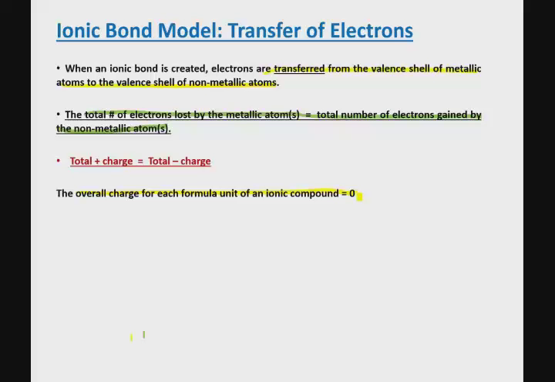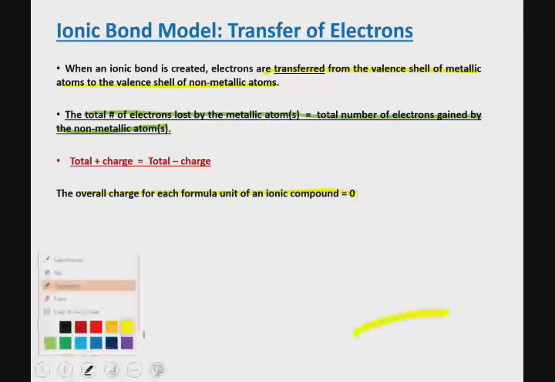Just like an atom is charge neutral overall because the total number of protons equals the total number of electrons, in other words, the total positive equals the total negative, exactly the same way in this case, the entire formula unit of an ionic compound will be charge neutral overall because the total positive charge from the cation or cations equals the total negative charge from the anion or anions. So we must keep that in mind.